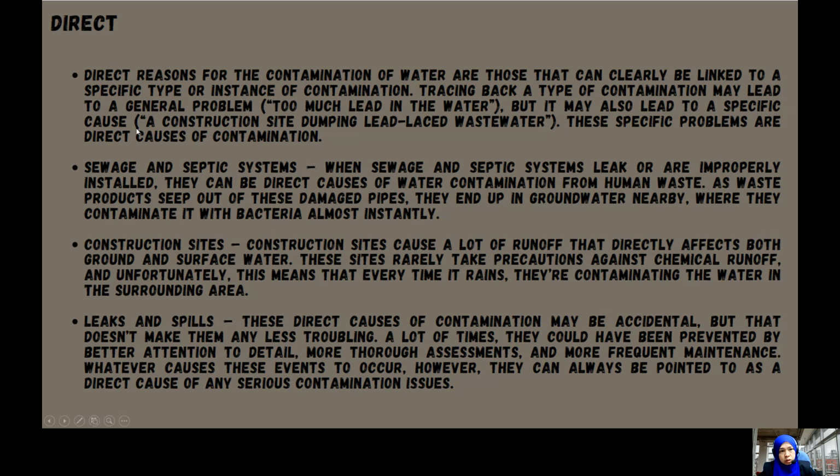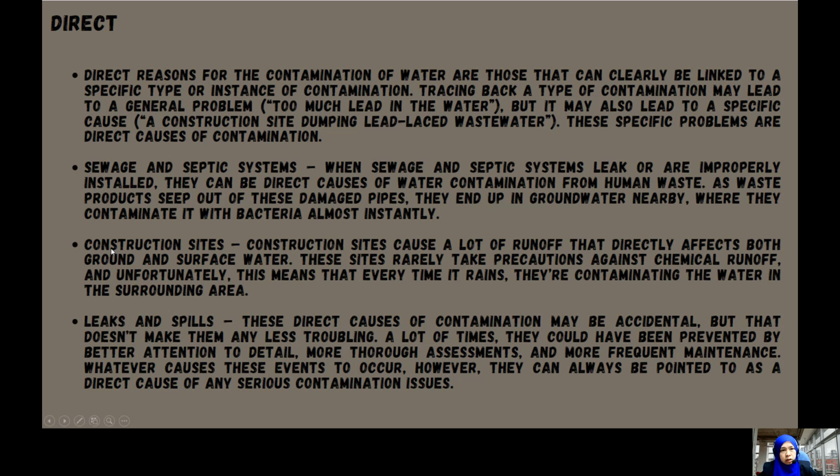For direct causes, examples of direct pollution of water are sewage and septic systems.